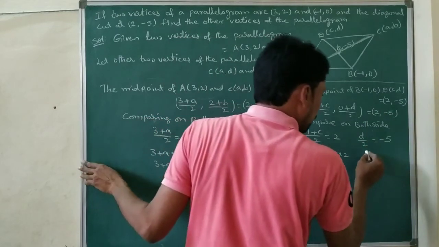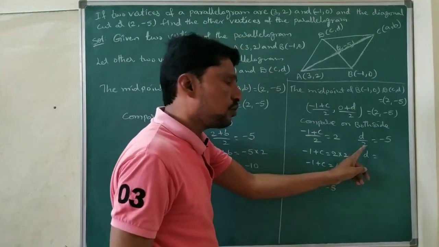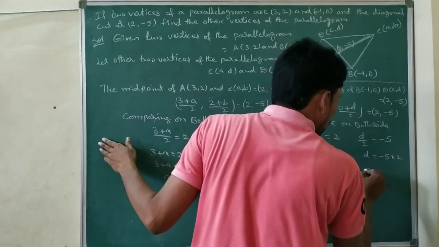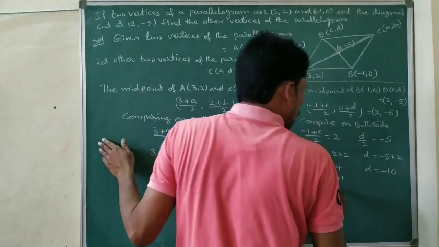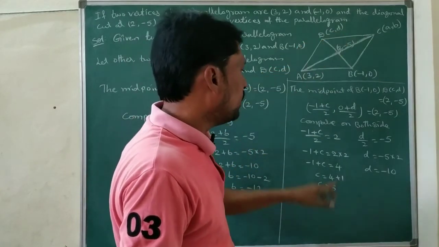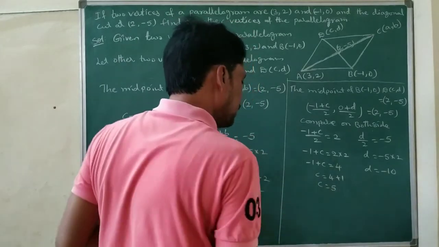Here the d value we also need. So d equals, this denominator we transpose to the right, the denominator becomes a multiplier, minus 5 into 2. So d equals minus 10. So the coordinates of the vertex D, (c, d), are (5, minus 10). Now we can write it.